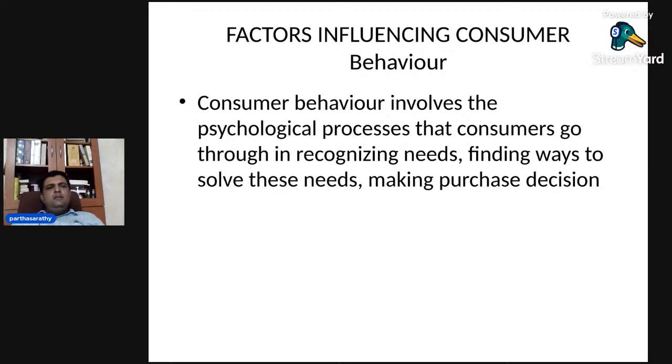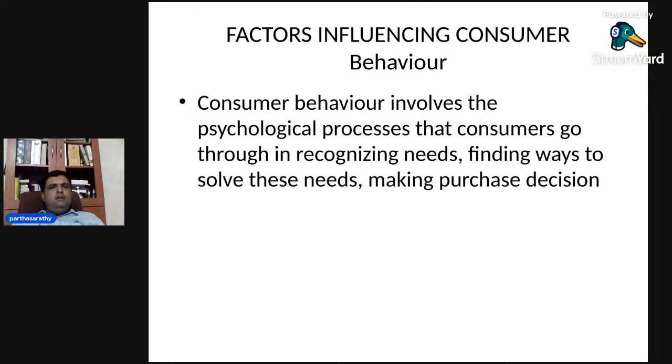That is why industry needs to do a lot of homework to understand the psychology of the customer, and why the study of consumer behavior becomes very important.